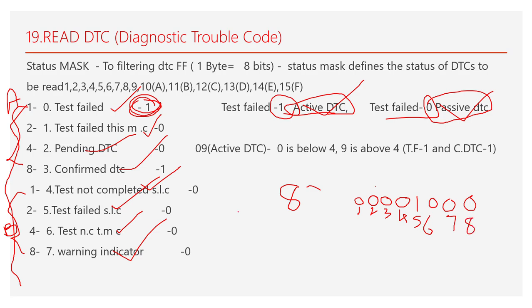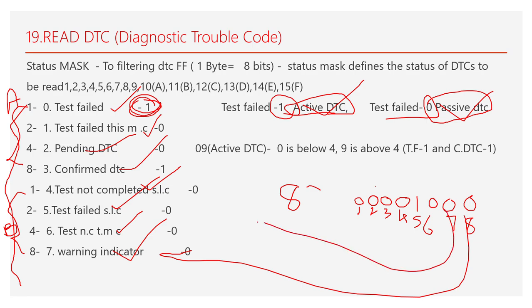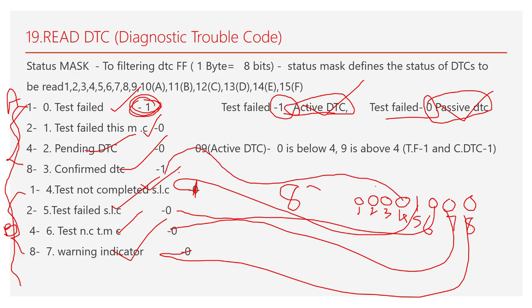I am taking 0, 0 here, and another bit is 0, and this one will be a 1. Take it as 1. Next, this is a 0, and the next one is also 0.